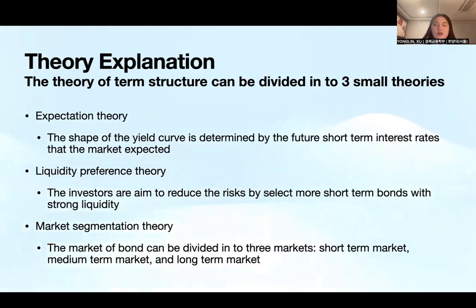To give a little example, the short-term interest rate will be determined by the relationship of supply and demand in the short-term bond market, but not others. So they are separated. So that is all of my theory explanation in this part.